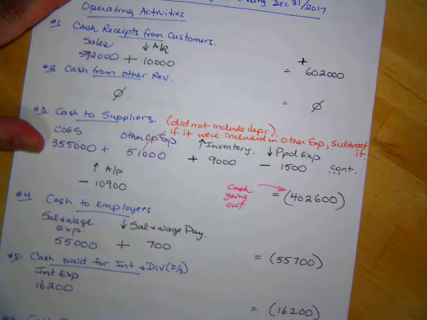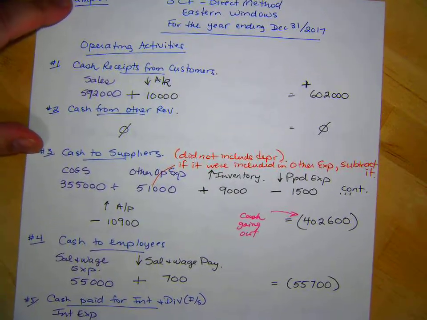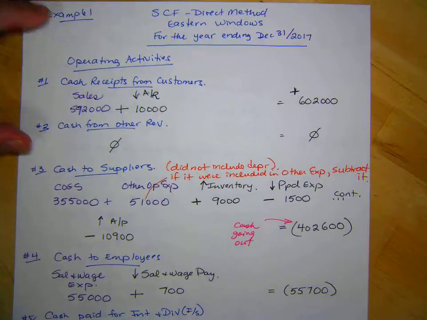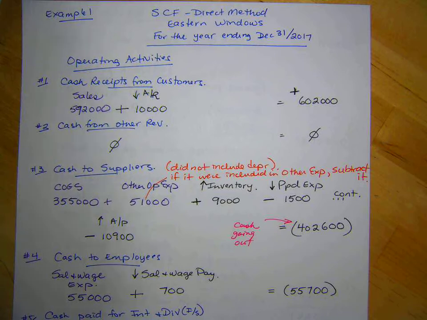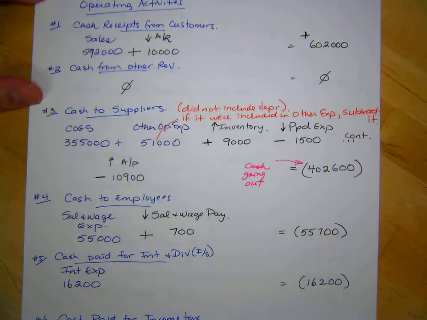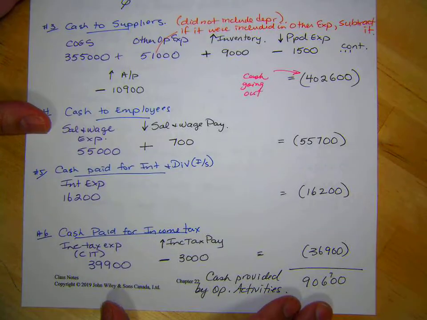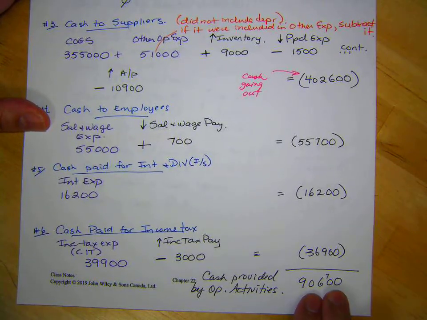what this tells the user, and this is why IFRS and ASPE recommend this, instead of, with the indirect method, starting with net income and making non-cash adjustments and doing all that, which to a user doesn't make sense, what it says is, well, we made $90,100 from operations in cash.